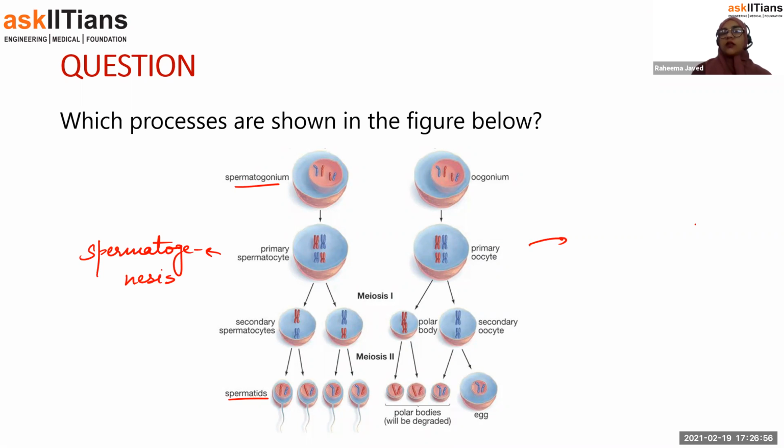And the one on the right hand side, where the oogonium is developing into egg, is the oogenesis process. You don't have to go much into the detail about the process. You just have to see that where the spermatids are getting formed and the eggs are getting formed, that process is the formation of the sperms, that is spermatogenesis, and the formation of eggs, that is oogenesis, respectively.